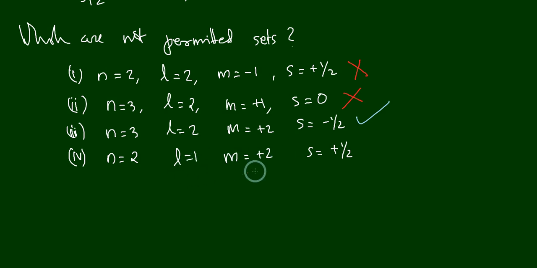So m is equal to plus 2 is not possible. So this option is not possible. So from this one, the sets 1, 2 and 4 are not permitted. The only possible set here is the third one.